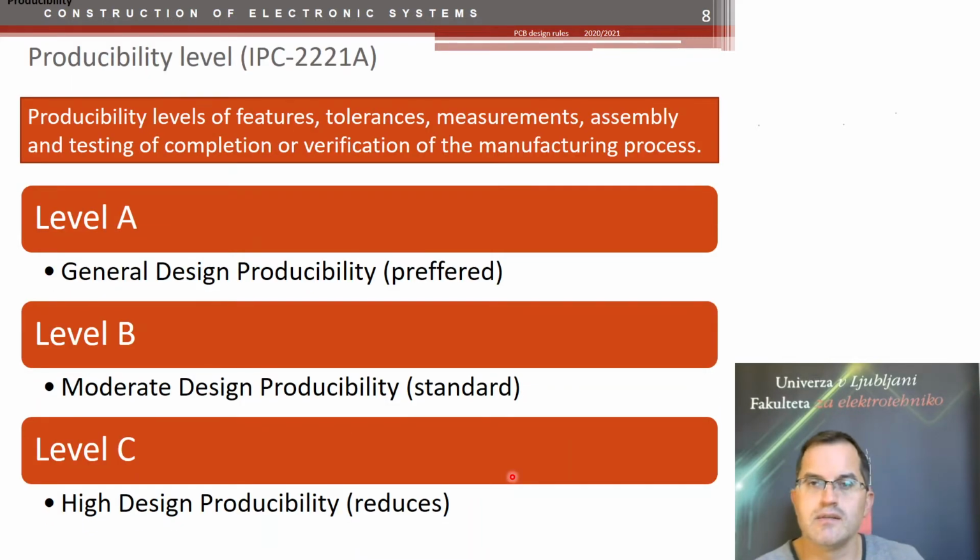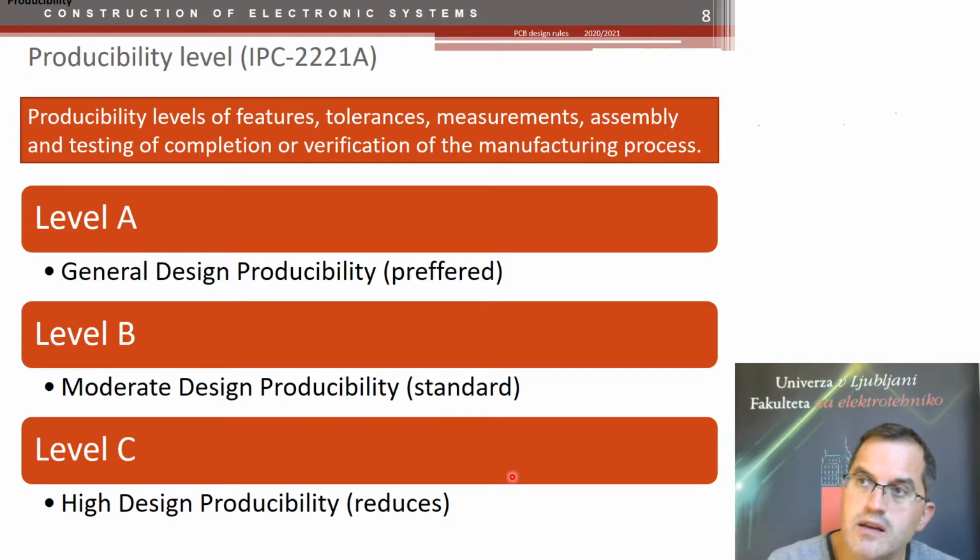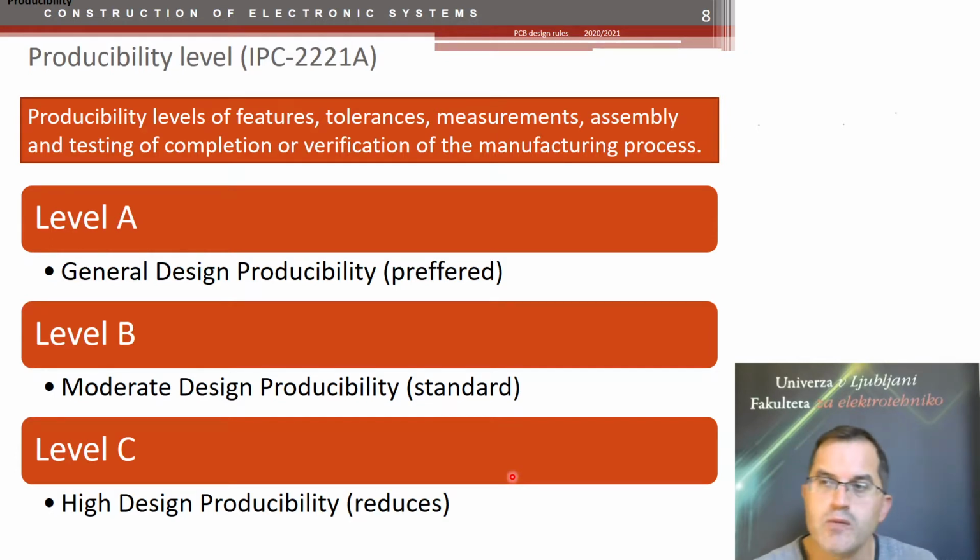The next is the producibility level, which divides manufacturers into 3 groups, to level A, B, and C. What does it mean? Well, level A means the most common manufacturer that has limited abilities.